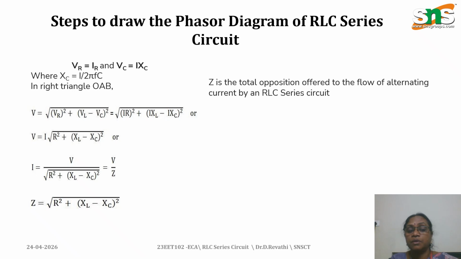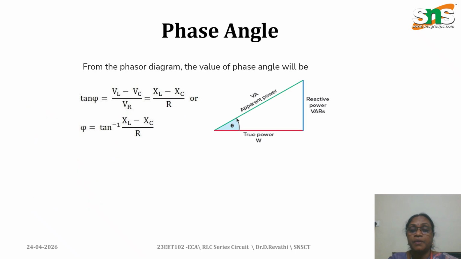Substituting, V equals I times the square root of R squared plus XL minus XC the whole squared. From this, I is equal to V by Z. Z is the opposition offered to the flow of alternating current. For RLC, Z is equal to the square root of R squared plus XL minus XC the whole squared. The phase angle phi is equal to tan inverse of XL minus XC by R.